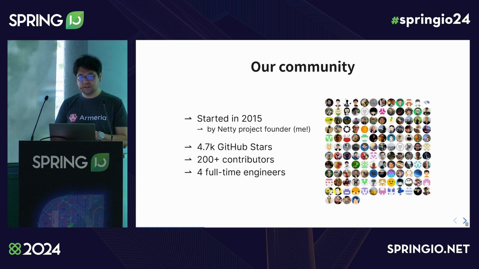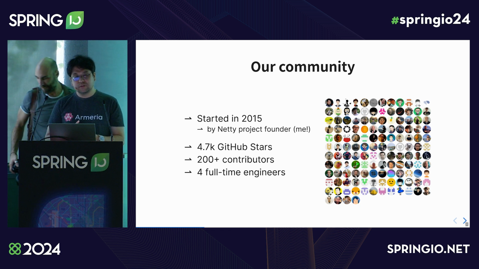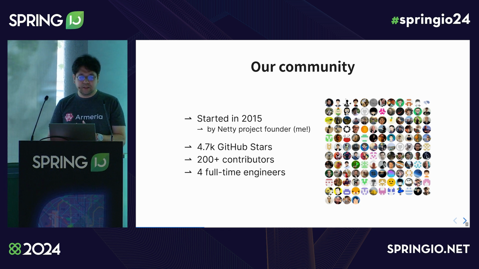It started as an attempt to replace the Tomcat-based legacy Thrift server, but it is now much more than that, as you see. We have more than 4,000 GitHub stars and more than 200 contributors, which I really appreciate. And there are currently 4 full-time engineers who maintain Armeria, answering your questions and fixing reported bugs every day.